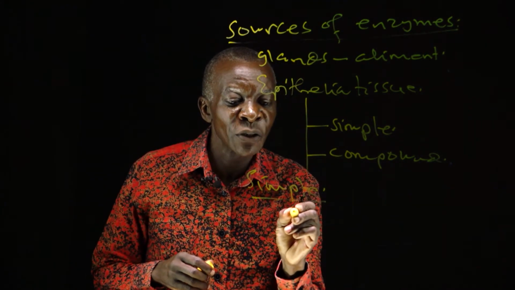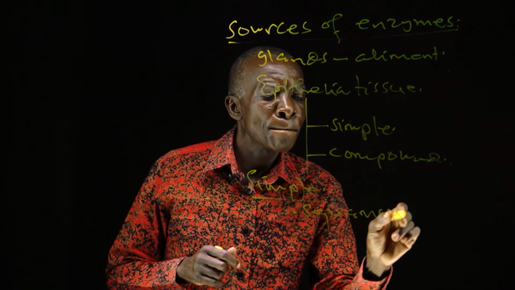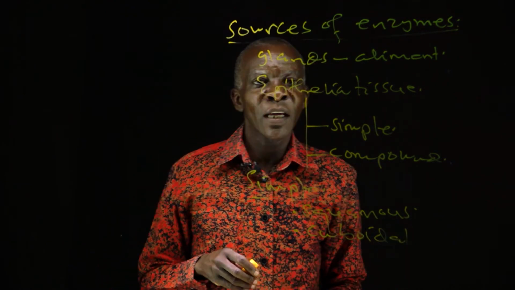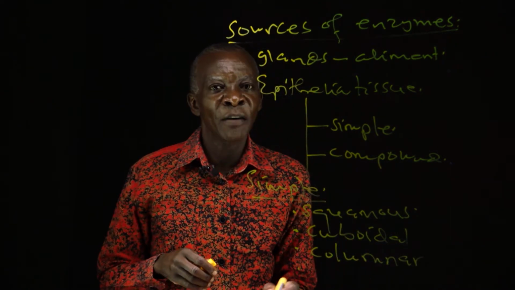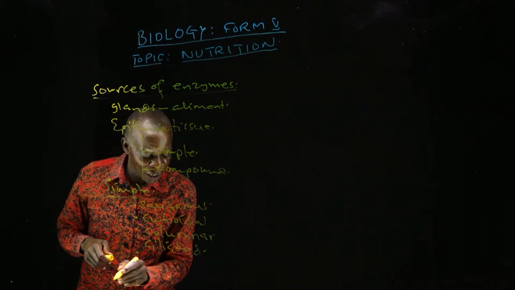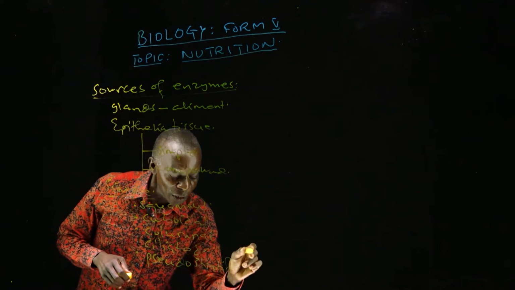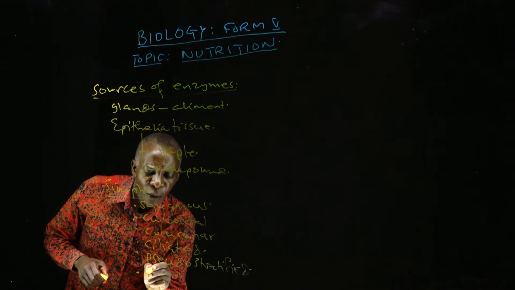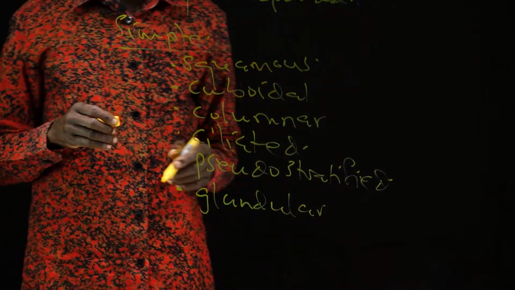The simple epithelial tissues include squamous epithelial tissue, cuboidal, columnar, ciliated, pseudostratified, and glandular epithelial tissues.